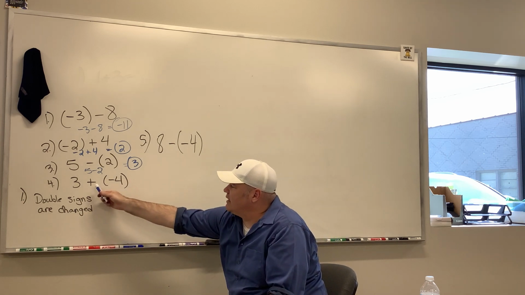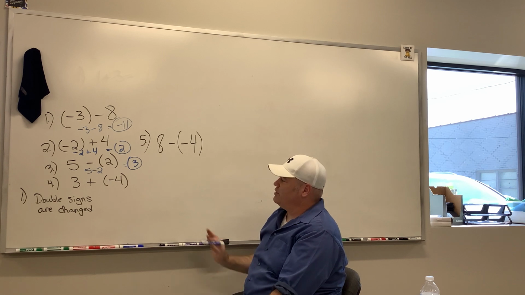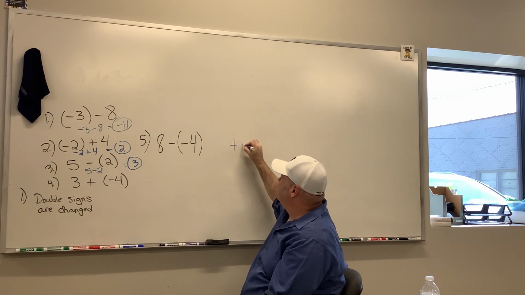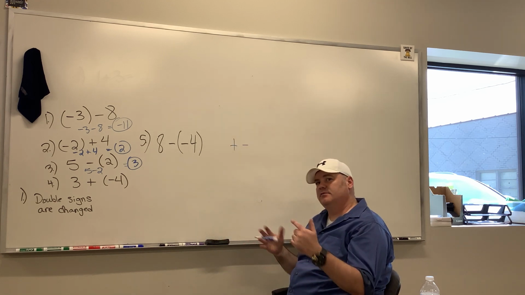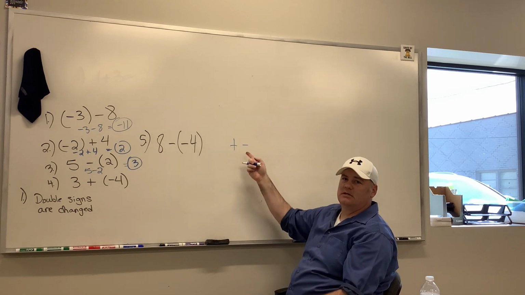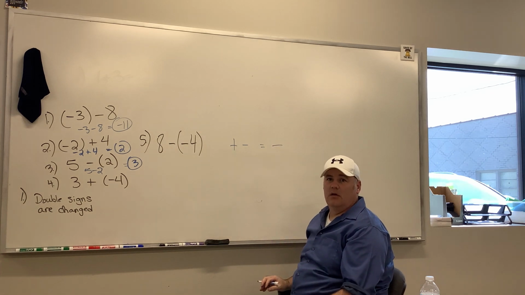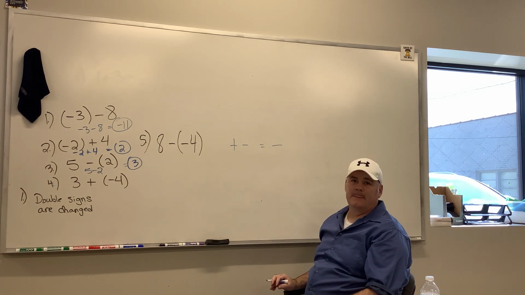If you've got a double sign, like sign, sign, what you have to look at is if they're one apiece, meaning one's a positive, one's a minus, doesn't matter what order they're in, okay, if they're one apiece, the whole thing just becomes a negative sign, okay? The whole thing just becomes negative.